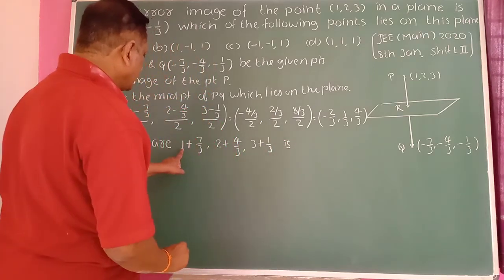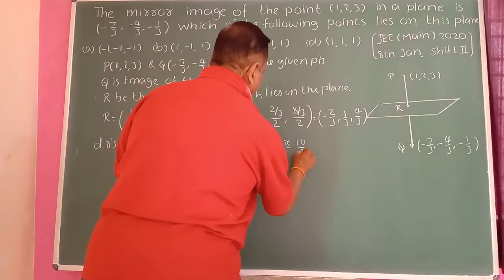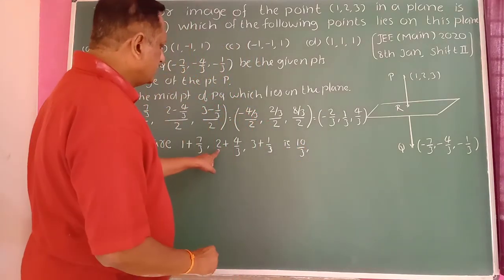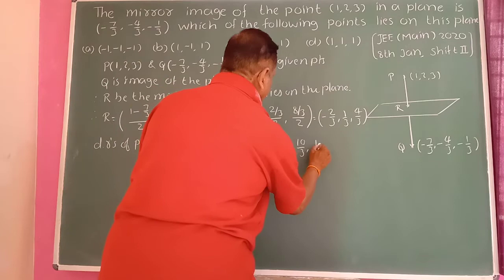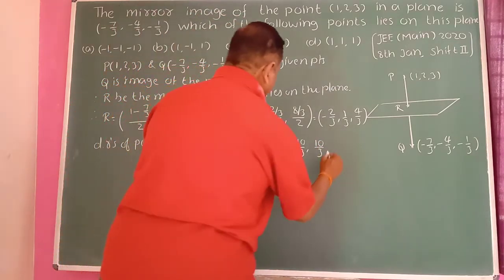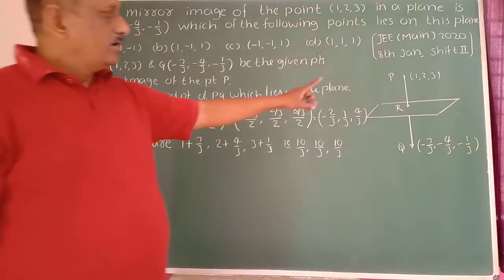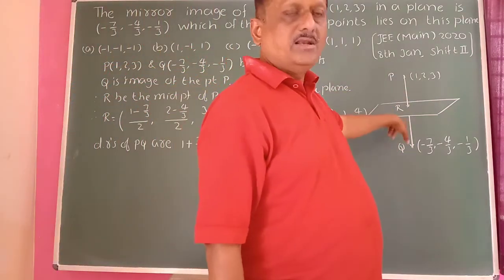So 3 ones are 3, 7 plus 3 becomes 10, 10/3. 3 twos are 6, 6 plus 4 becomes 10, 10/3. 3 threes are 9 plus 1 becomes 10, 10/3. These are the direction ratios of this normal.